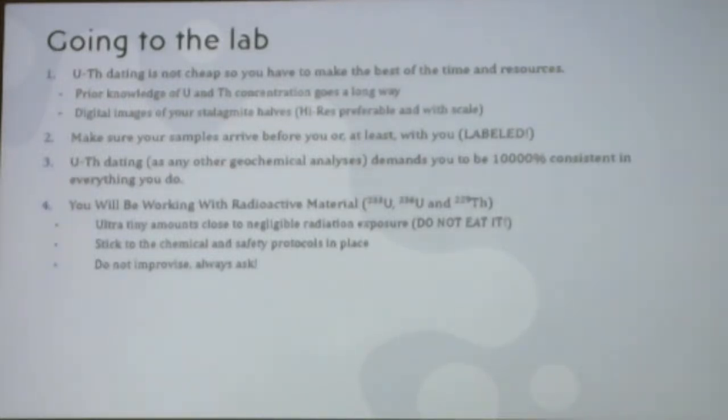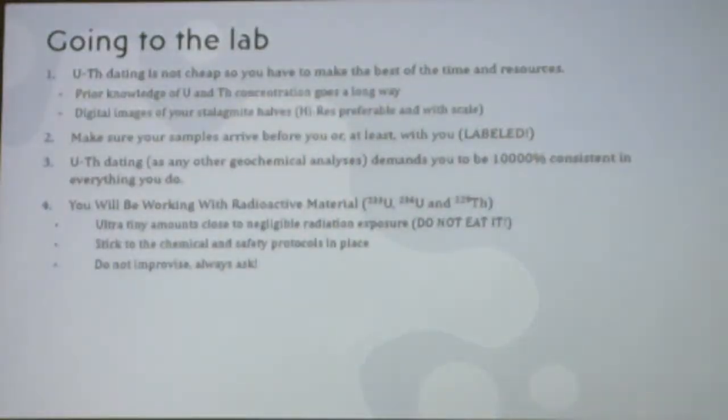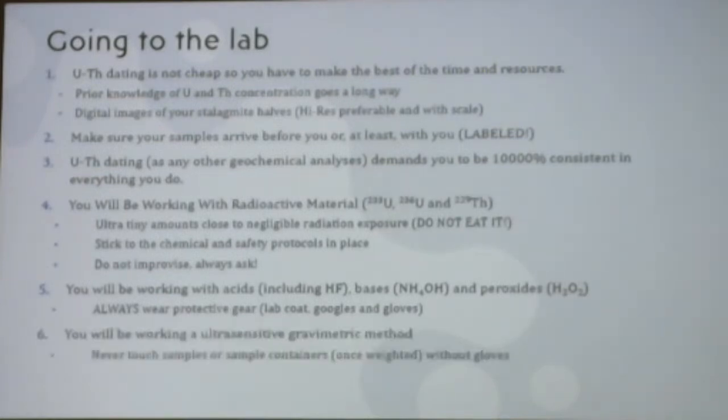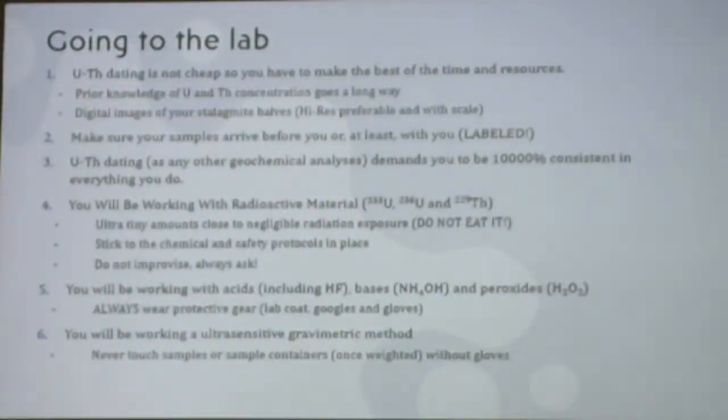Nevertheless, the lab manager or someone in the lab will have worked on developing the safety protocols. Stick to them. Do not improvise. You will also be working with acids, bases, and peroxides. Always wear your protective clothes. You will be working with an ultra-sensitive gravimetric method, isotope dilution. So never, ever touch your sample without gloves. Ever.